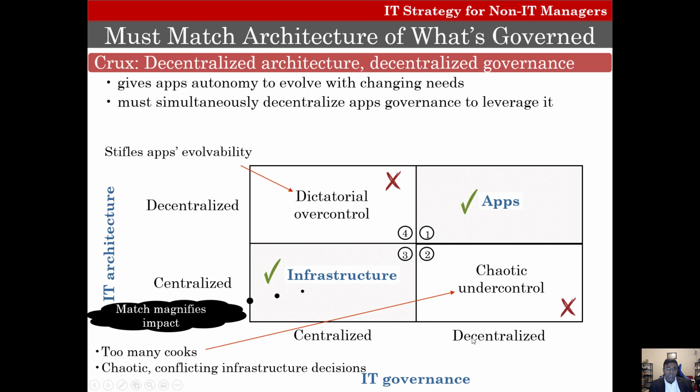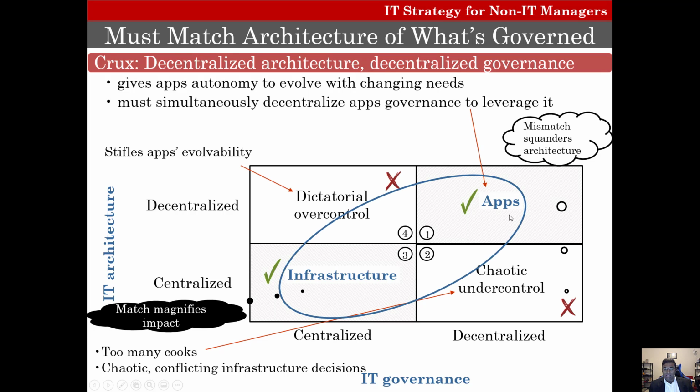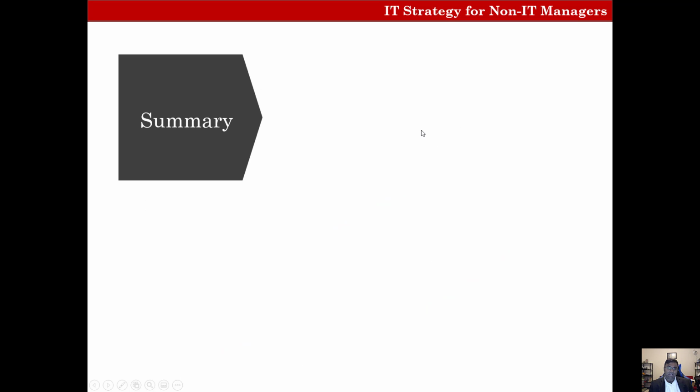There are too many decision makers, and you'll have chaotic and conflicting infrastructure decisions. So as we talked about, we should be in 1 or 3: infrastructure probably centralized, and applications should be decentralized.